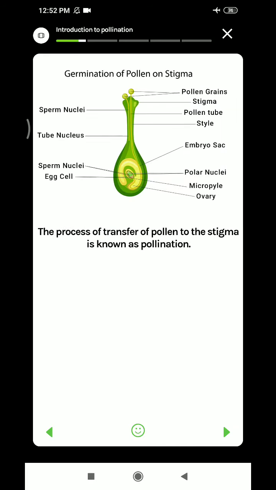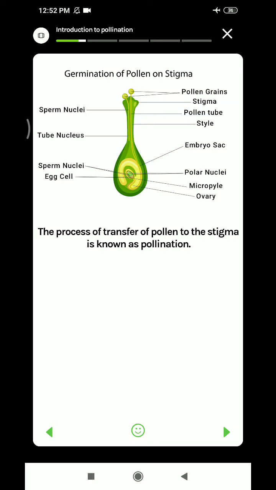Here see, one diagram is given. This is the stigma. The round structure below is the ovary, and the round ball-like structure above is the pollen grains, and you can see the stigma. The pollen tube is the tube-like structure.